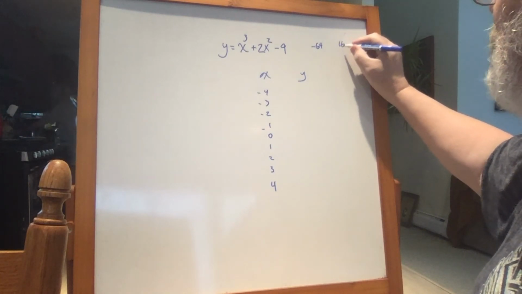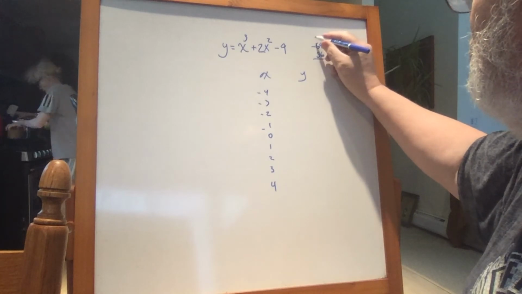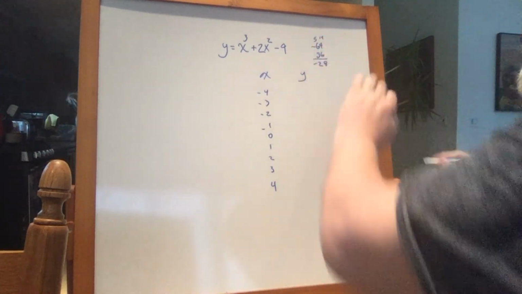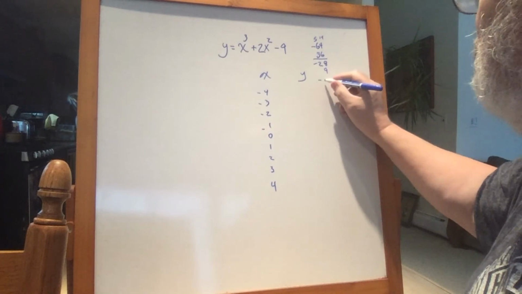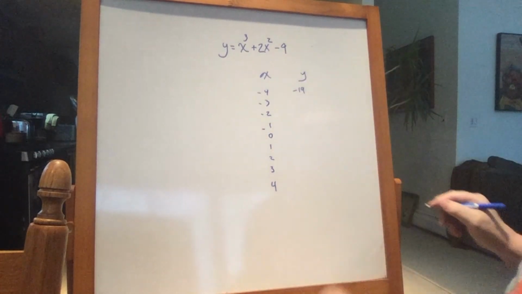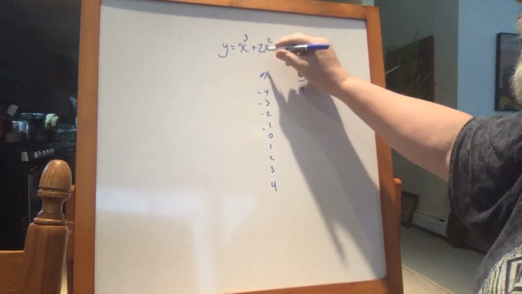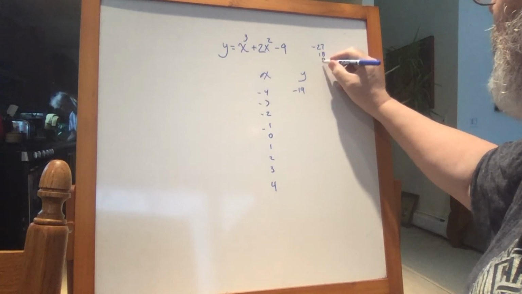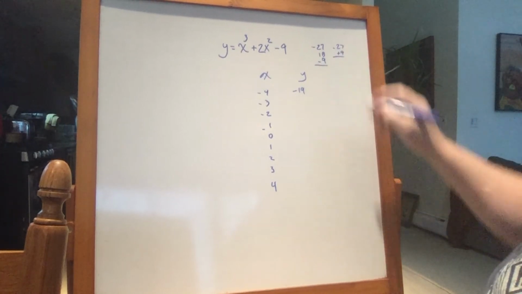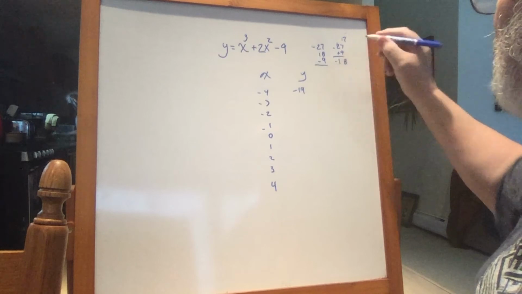Minus 3, that's minus 27, 9 times 2 is 18, minus 9.